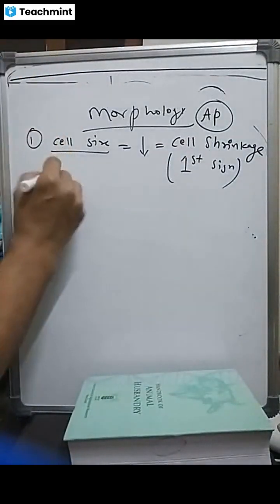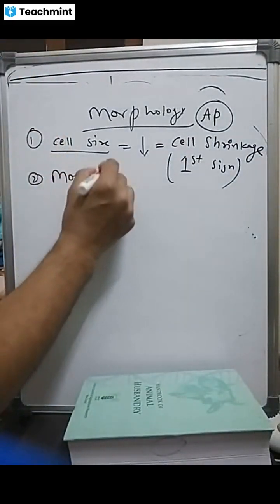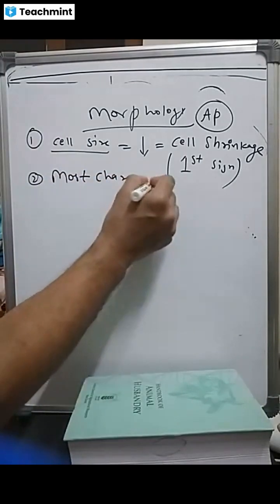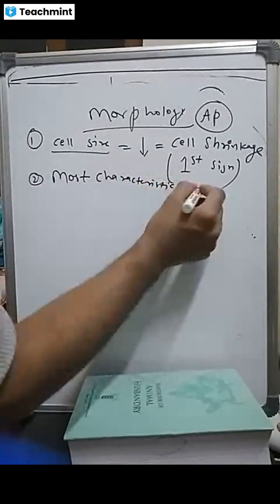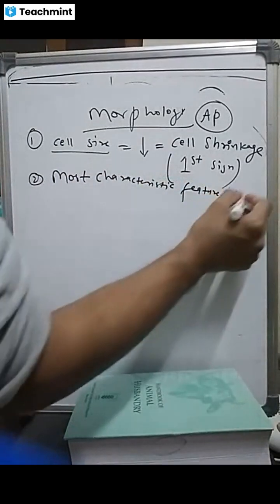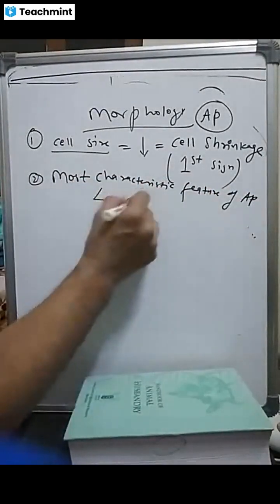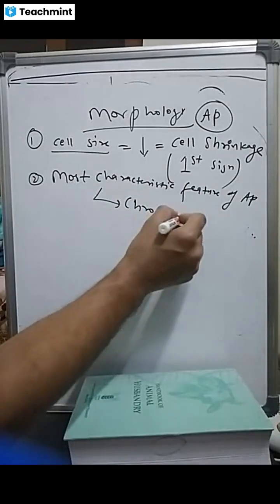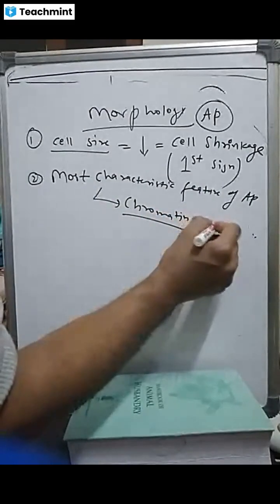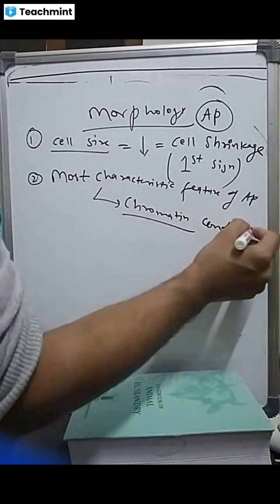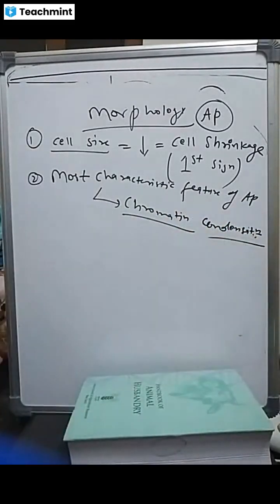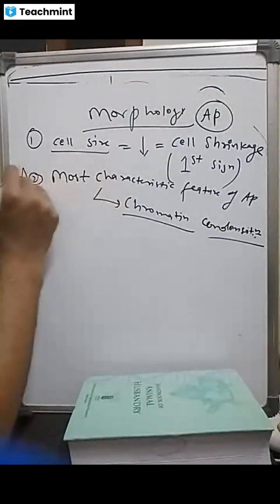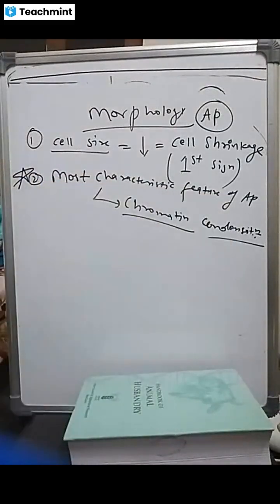But if you remember, the most characteristic feature of apoptosis is chromatin condensation. Why it is most characteristic, I will explain at the end of the lecture. But remember, this is the most characteristic feature, chromatin condensation.